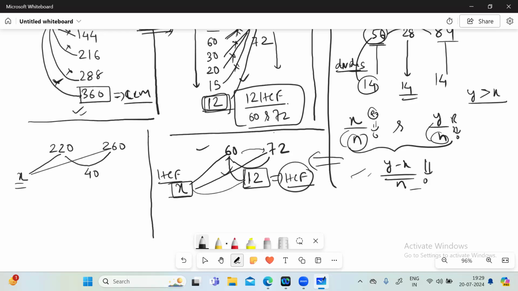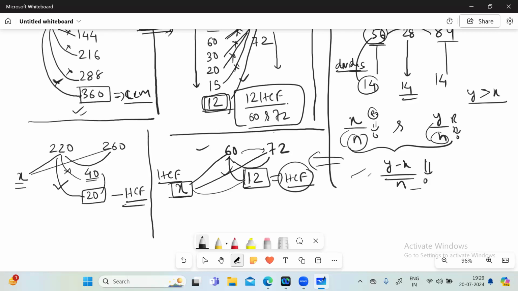So I'll start by checking whether 40 divides 220 or not. It does not. Then I'll take the second largest factor of 40 after 40, which is 20. Then I'll check whether 20 divides 220 or not. It divides. Then it will also divide 260. So here 20 will be your HCF.